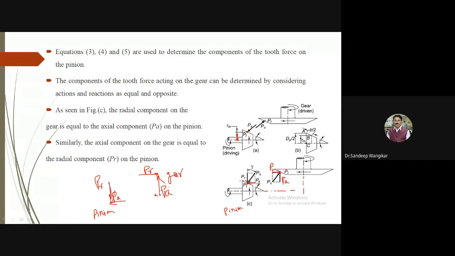So this is the difference, friends. We have to calculate all the components of pinion, and then, taking care of what I have mentioned, the radial component of gear is equal to the axial component of pinion, and the axial component of gear is equal to the radial component of pinion. So this is the consideration.